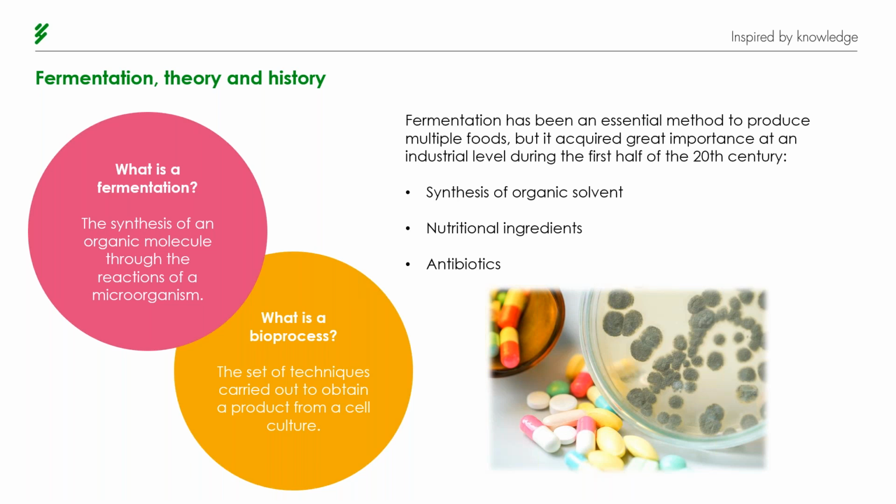Here I have some examples. For the first one, at the beginning of the First World War, the British obtained acetone through fermentation using a strain of Clostridium. They used this solvent to produce explosives.